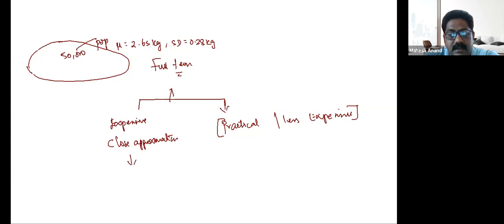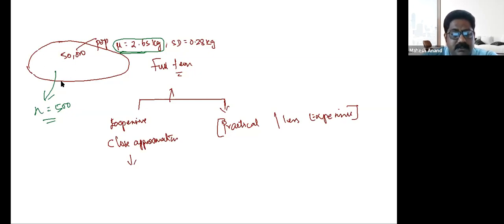What is the best way to approximate this estimation 2.65? In reality, this value is unknown to us, right? We are just going to estimate it. Assume I randomly select a fixed sample size of 500.